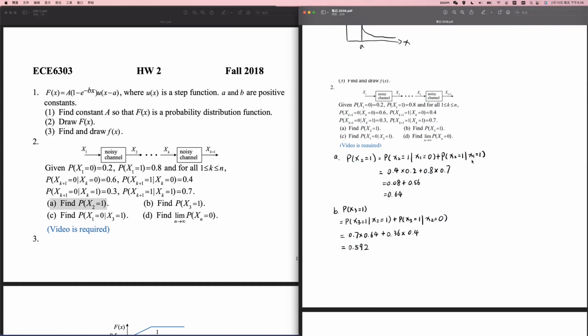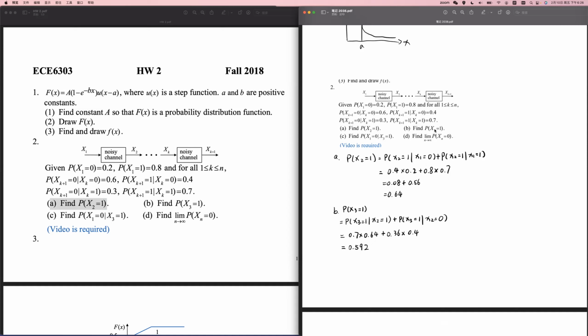And similarly, the probability of x1 equals 1 is 0.8, so 0.8 times 0.7 should be this part. And when I add them together, I got 0.64, which is the probability of x2 equals 1.